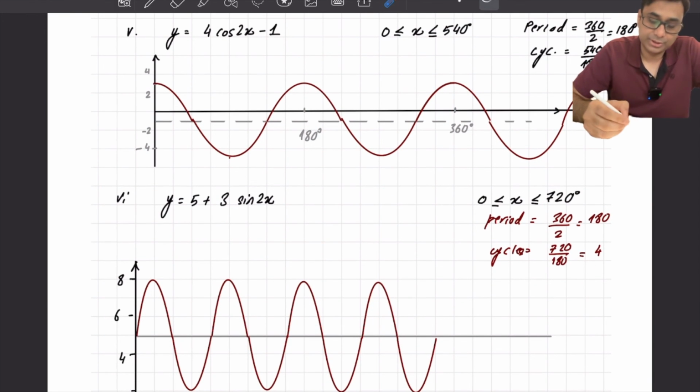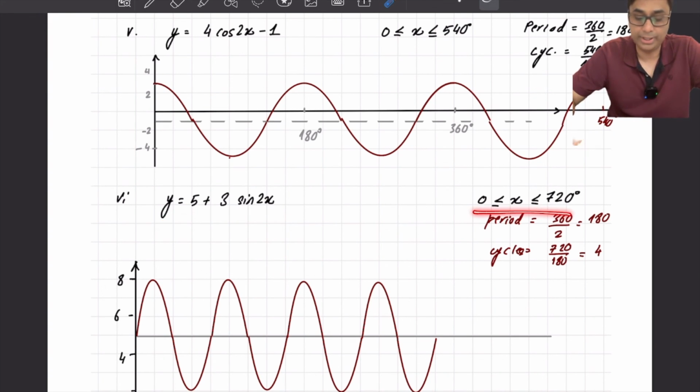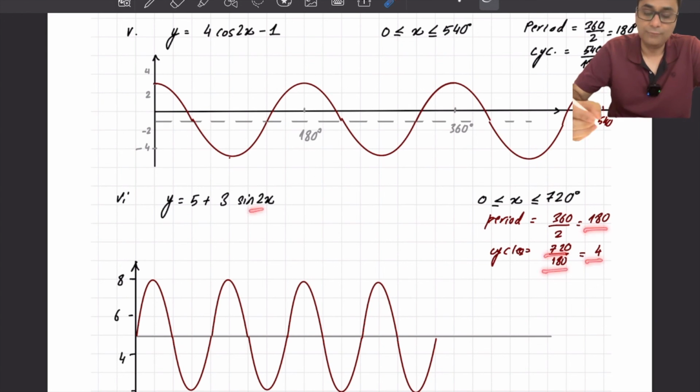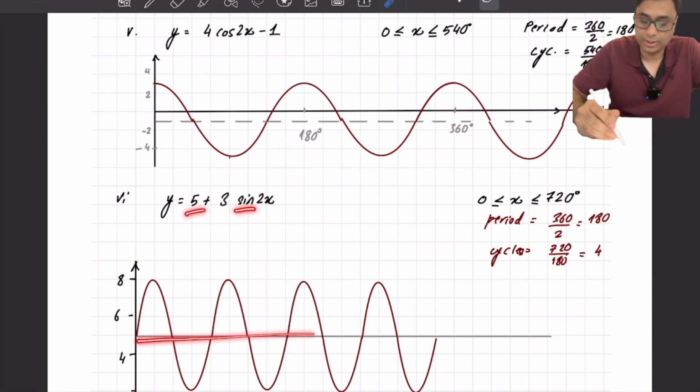Similarly, if I have to sketch a graph of y = 5 + 3 sin 2x for an interval of 0 to 720, 2x tells me that the period is 180 degrees, and 720 divided by 180 tells me that I have to sketch 4 cycles. 4 cycles of a positive sine function with central line at 5. So I have drawn a central line of 5 over here.